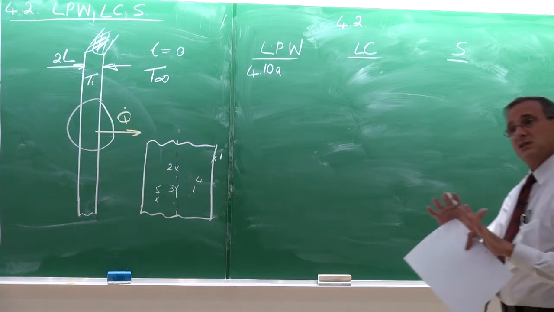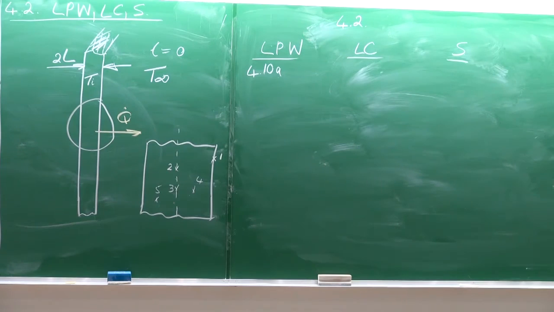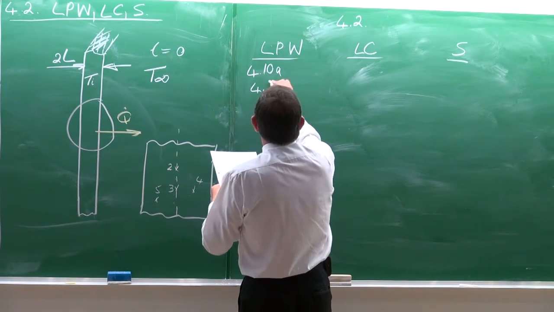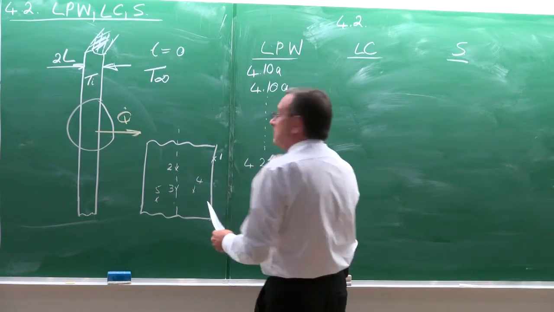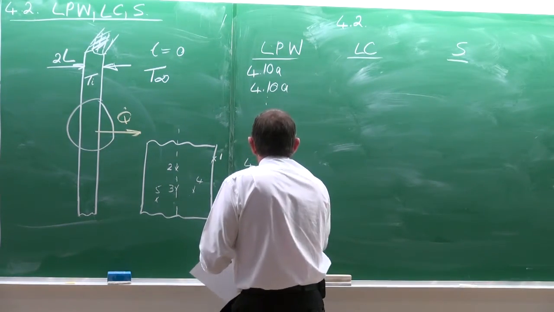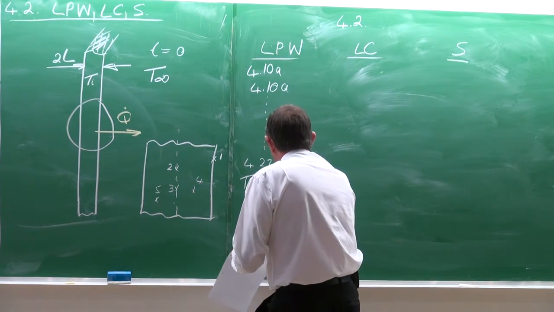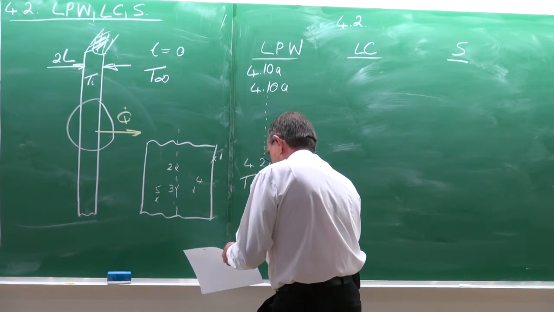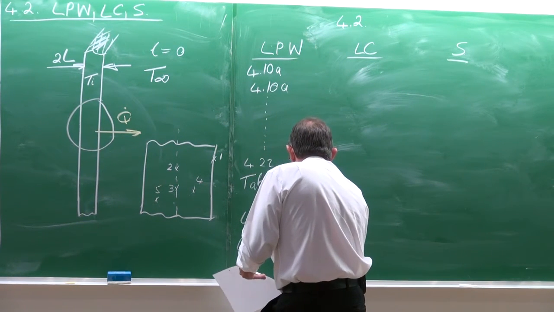But what is important at this stage is that you realize where we are going and how things are being put together. We are going to start with lots of mathematics and a derivation, starting typically with equation 4.10a, and then it goes to equation 4.22, and then there are also very important tables with the results, typically table 4.1, and also tables 4.2, 4.3, 4.28, and then 4.33 to 4.35.